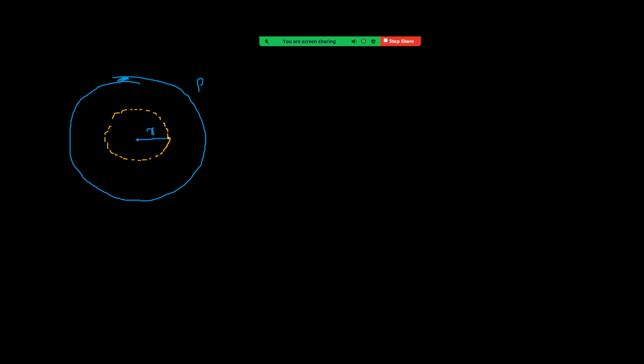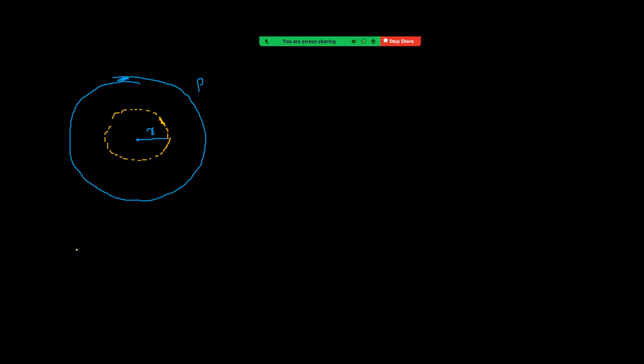That means at each and every point on the surface, the field will be normal. If you consider a small area on the surface, the direction of the area vector will be radially outwards. That means at each and every point, the angle between E bar and ds bar is 0.